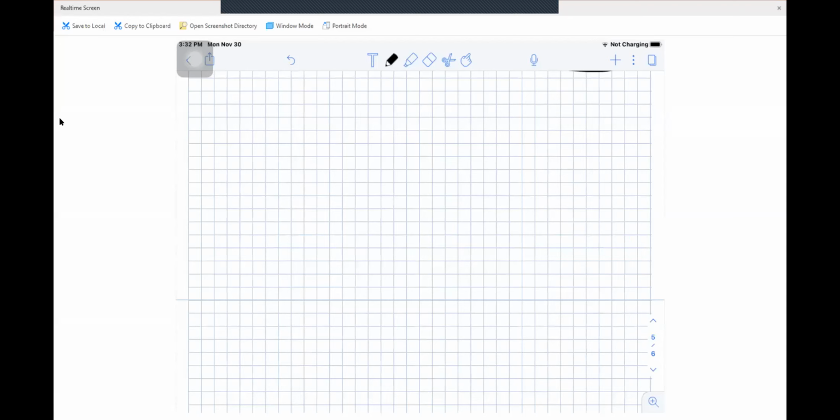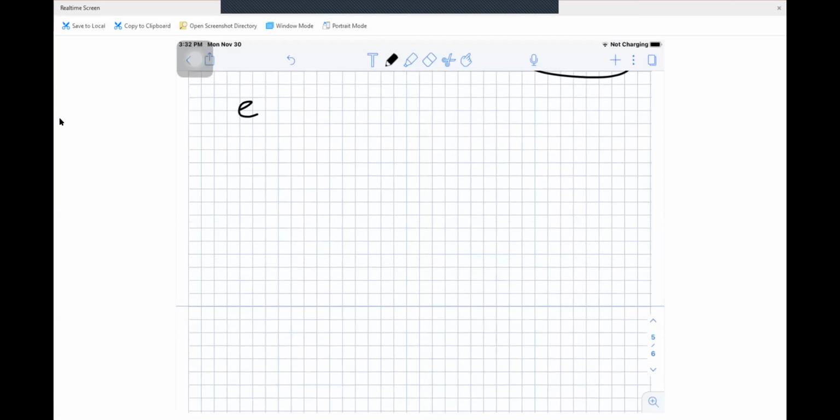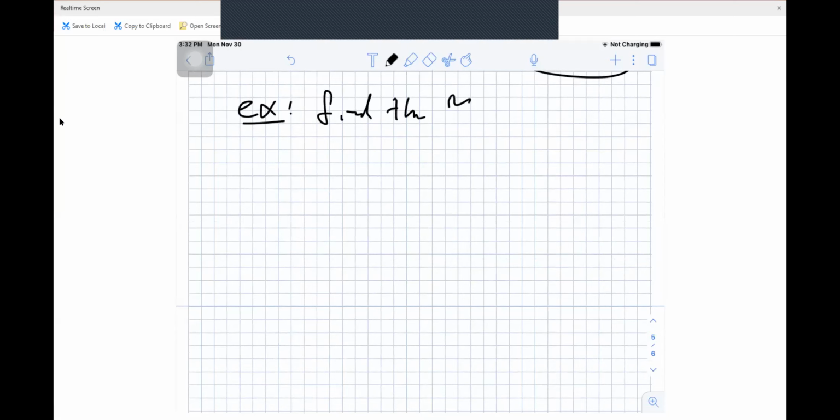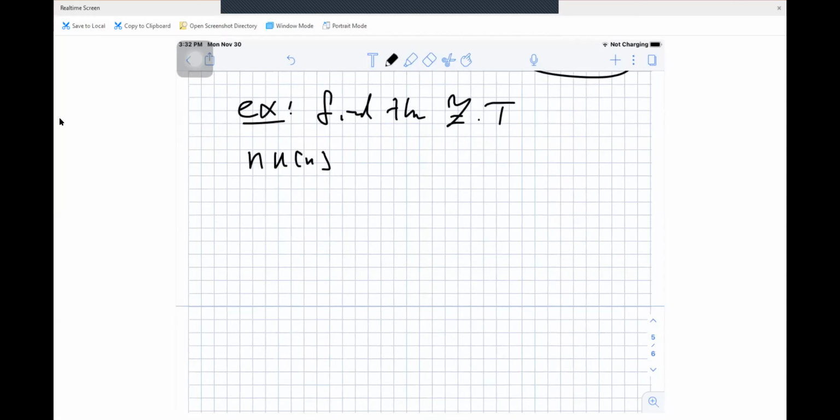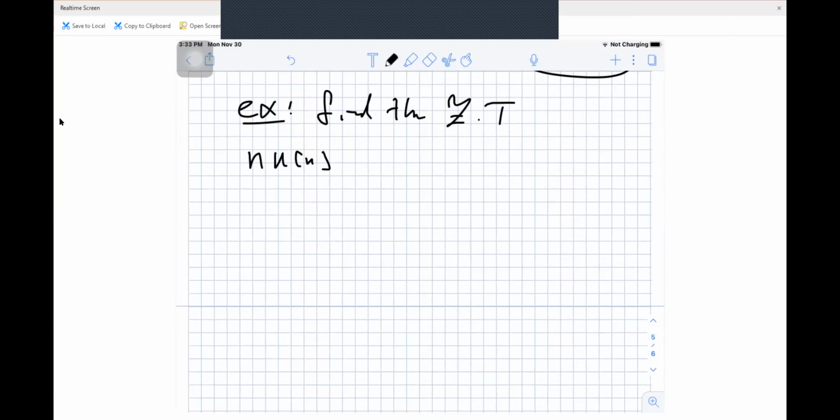Now, let us solve this example. Find the Z transformation for the following: n u of n. So what we are going to do for this case, whenever you see n is multiplied by a function, directly we are going to apply this formula, minus z dX of z by dz.